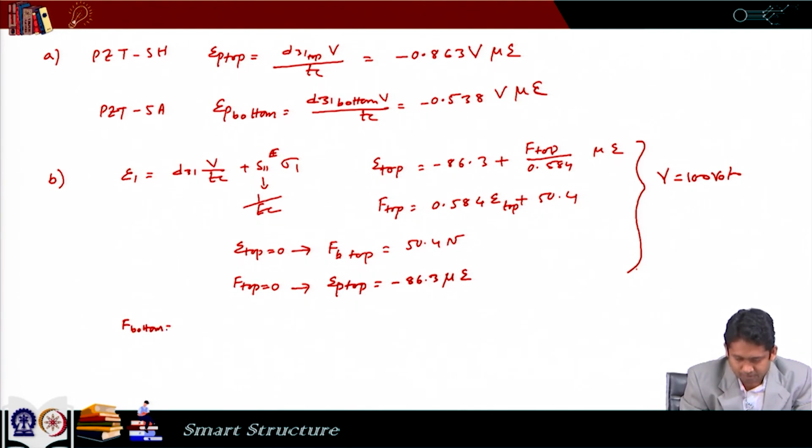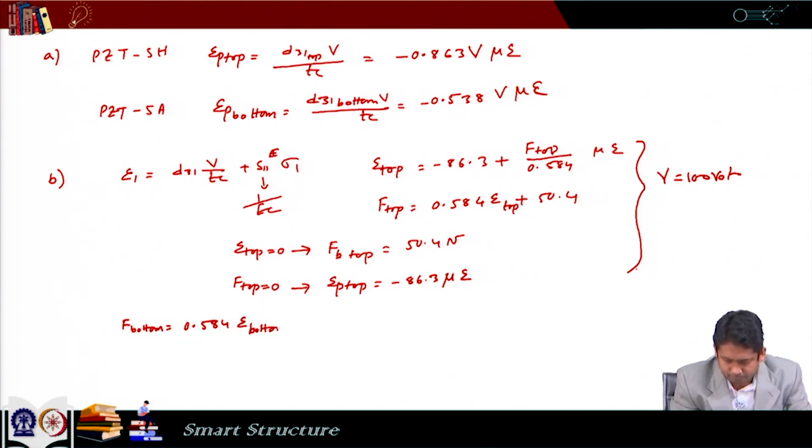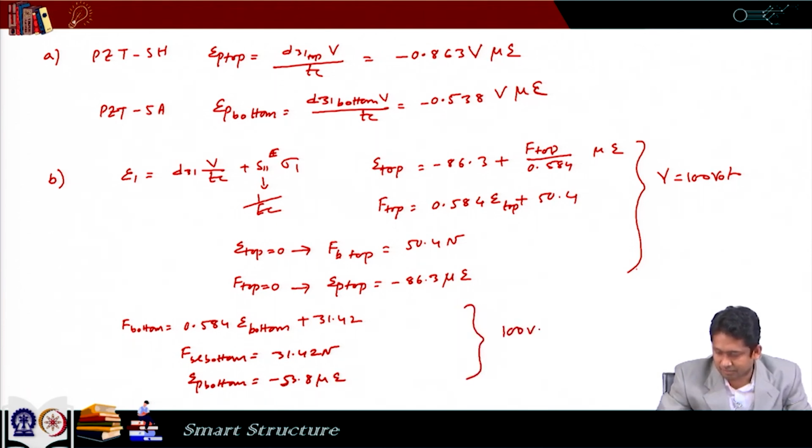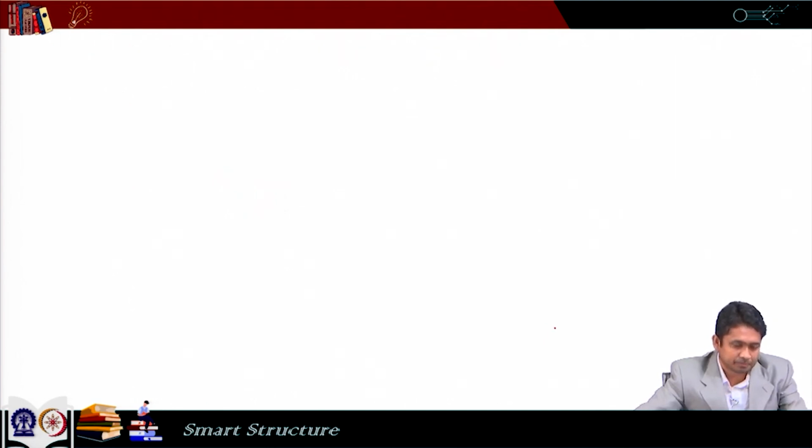F bottom can be written as 0.584 epsilon bottom plus 31.42, and from here we can find the block force at the bottom as 31.42 Newton and the free strain at the bottom as minus 53.8 microstrain, and again 100 volt is assumed here.